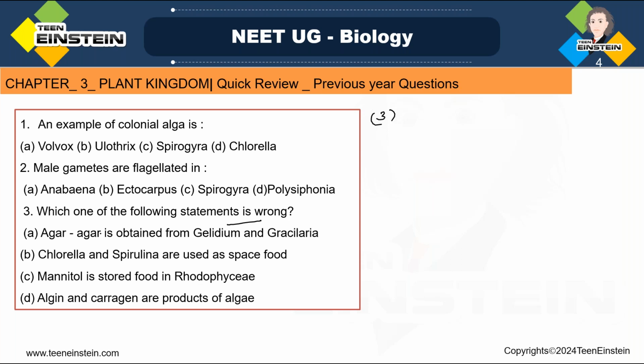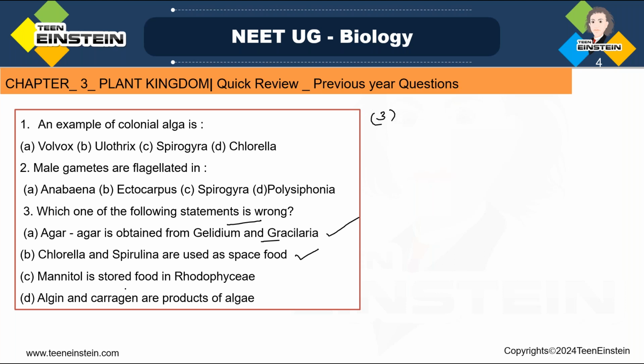Agar-agar is obtained from Gelidium and Gracilaria. This is right; it is a correct statement. In the second, they say chlorella and spirulina are used as space food. This is also correct. These are direct statements. Then, mannitol is stored food in Rhodophyceae.